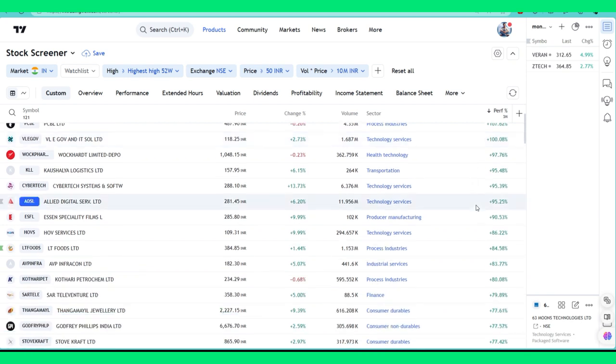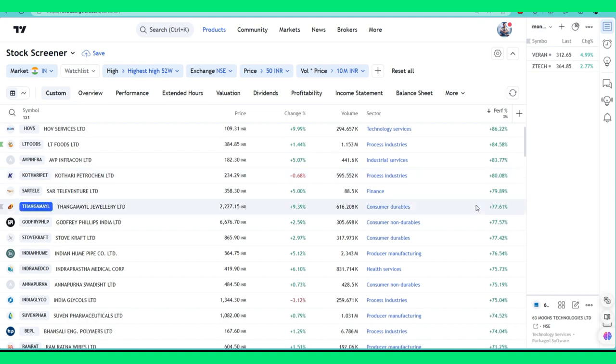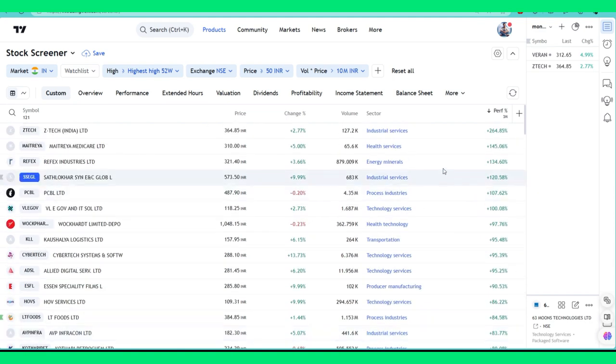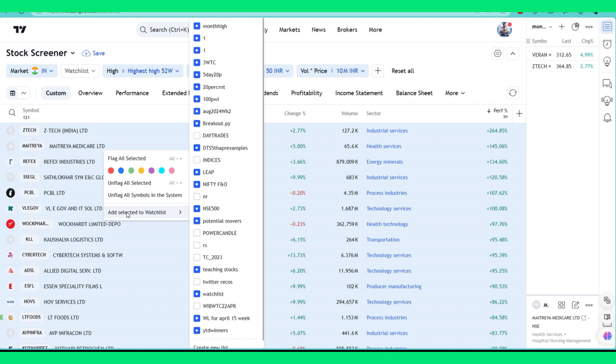So let's go and pick some random stocks from this. I'm going to add all of these to my watch list. Let me use this watch list for the time being.